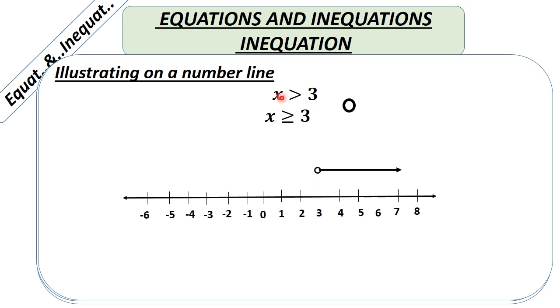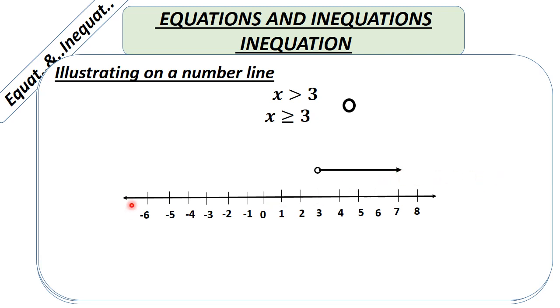So we just drew the open circle on top of 3, and this is saying x is greater than 3. We show by an arrow that all the numbers on this side are greater than 3. So this is your answer. The arrow, as you can see, has this arrowhead, which shows that the arrow goes forever. So you can end it anywhere, it's okay. You don't have to end it at any specific number, because the arrow just shows that it goes forever.